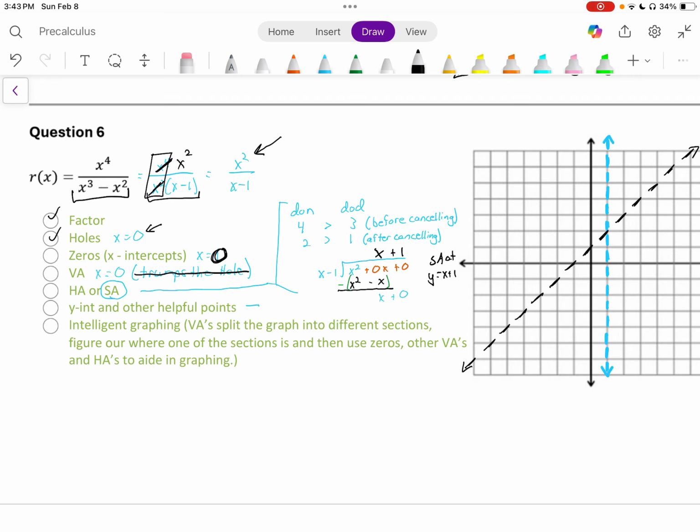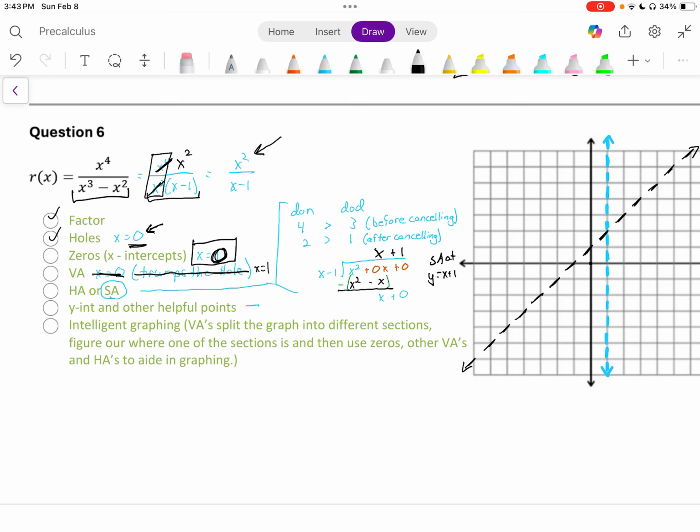We're going to use the fact that it would have an x-intercept of 0. However, there will be a hole there. So this part helps me figure out where the graph of the whole thing will be, but then it turns out there's actually going to be a hole in the graph there. This is wrong. There's a vertical asymptote at x equals 1, which, funny enough, I have correct over in the graph, just not here.